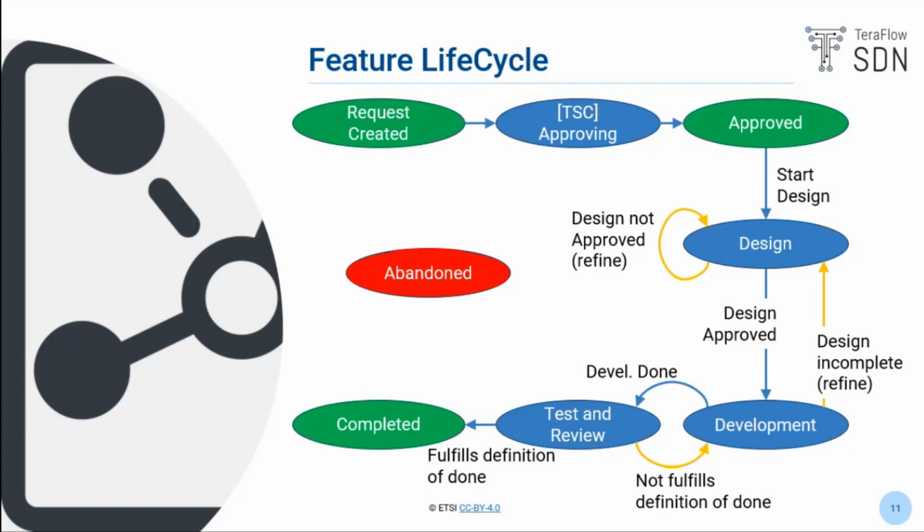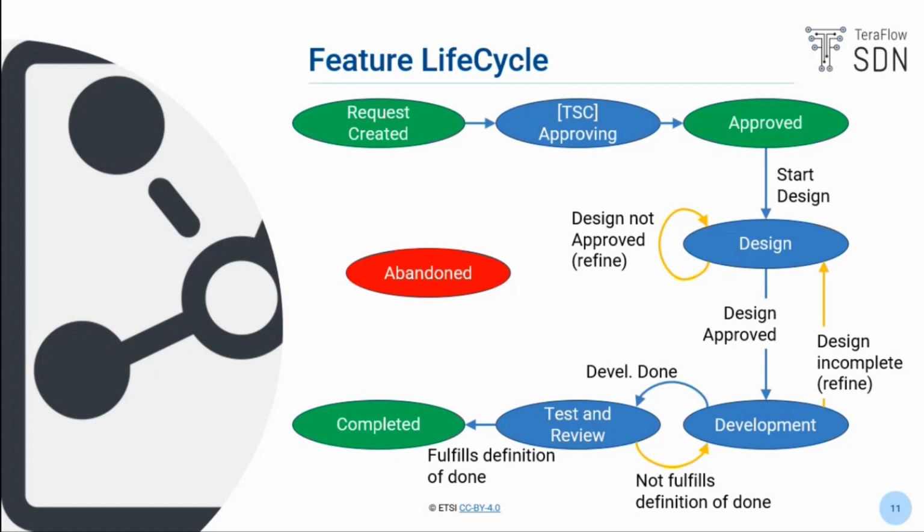So we have also a wiki page which describes this status, this life cycle for the feature. For enhancements, we need to create a request. TSC needs to approve it, and then we start a design phase. We need to have the design approved. Then we start the development phase. We test, review, and complete.